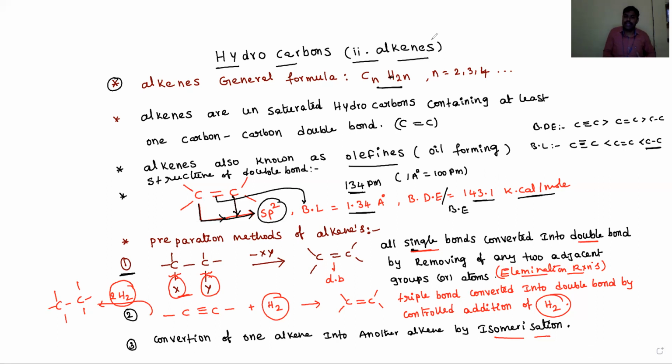Okay, dear students, listen carefully. The first preparation method of alkenes is by removing hydrogen and halogen atoms, that is, dehydrohalogenation of alkyl halides.